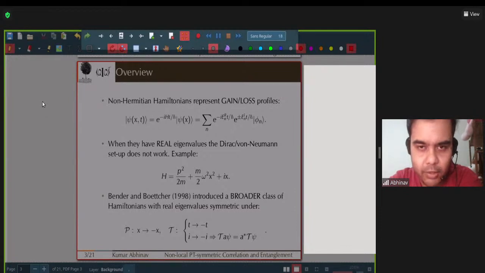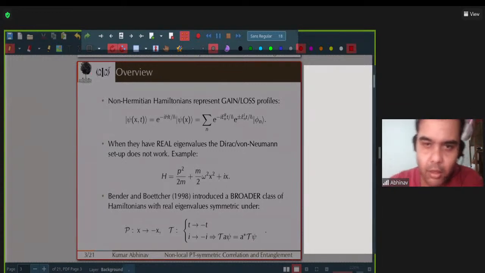Before that, let's understand what happens if you have a complex Hamiltonian in your hand. Automatically we can see from this equation that the energies will be complex.